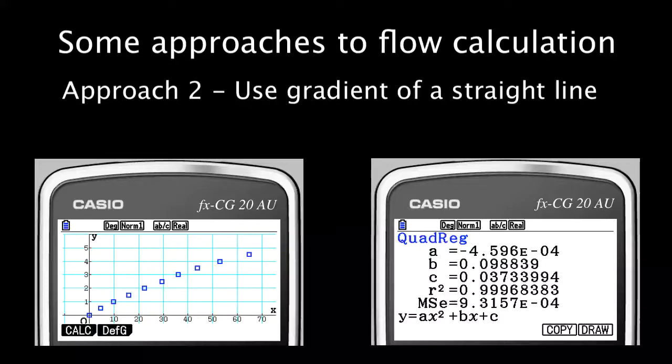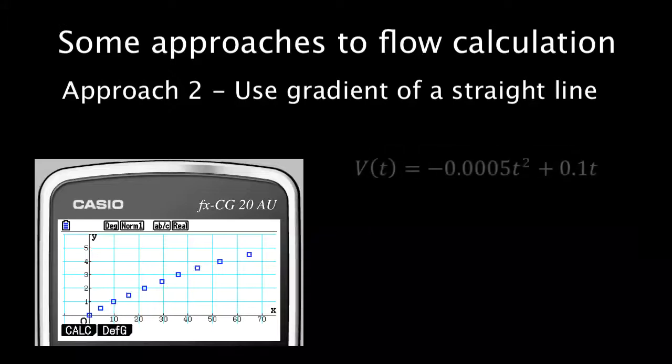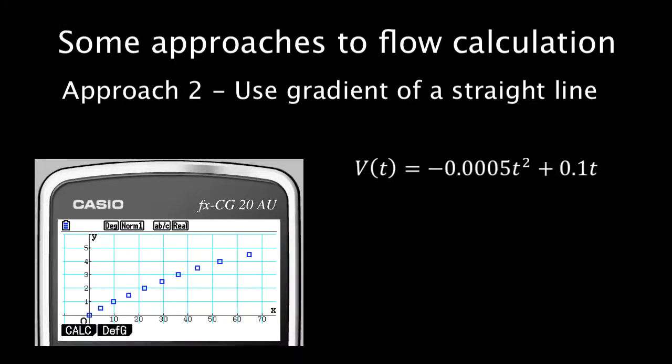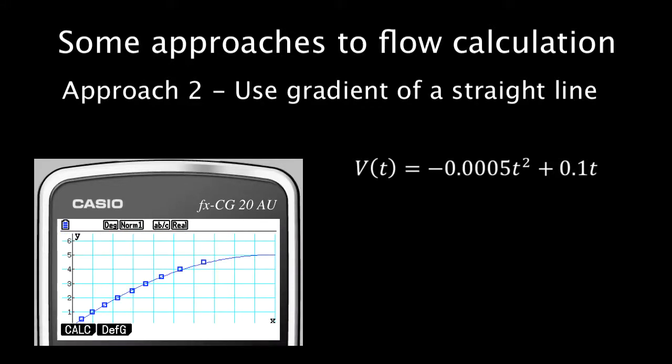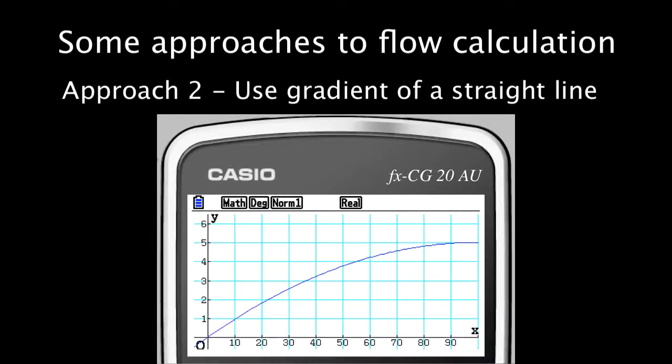For the remainder of this video, we will use V of t is equal to negative 0.0005 t squared plus 0.1 t, since we know that V of 0 is equal to 0. Next, a straight line is drawn through the origin and the point (40, 3.2).